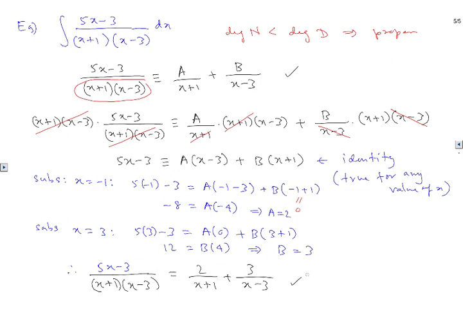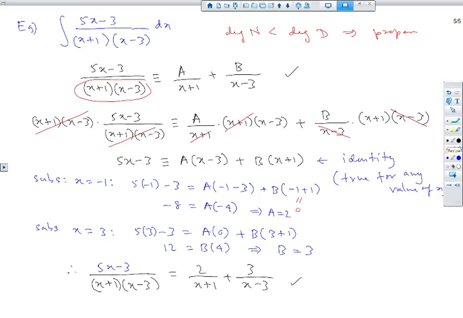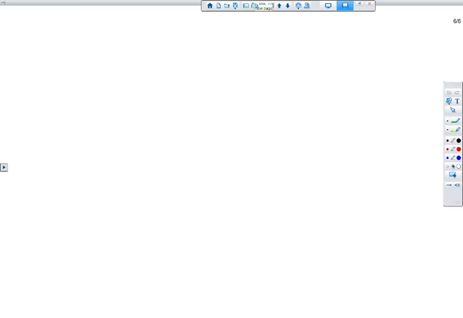Now we're going to finish the integral. In the integral it is (5x minus 3) over (x plus 1)(x minus 3) dx. We can integrate term by term.